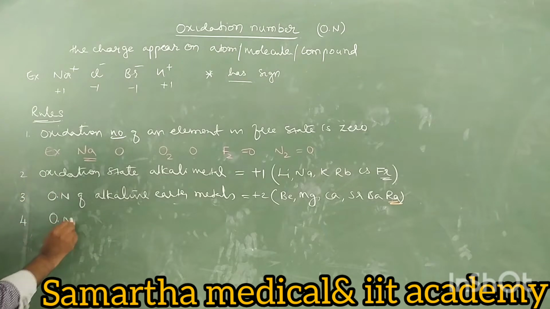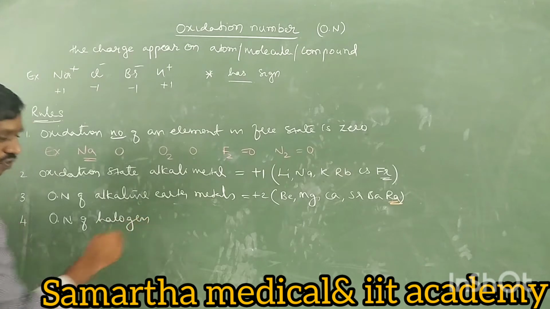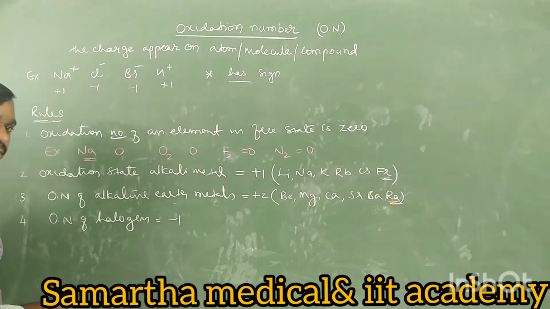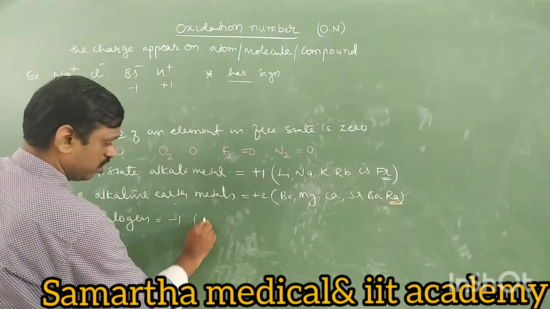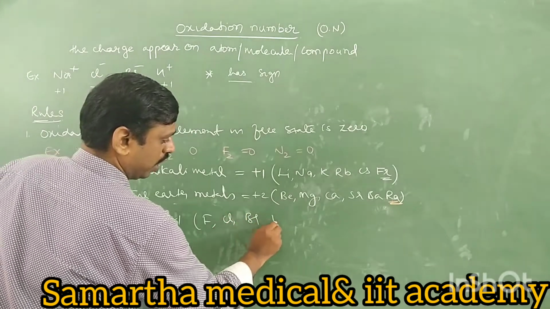Oxidation number of halogens. Halogens like fluorine, chlorine, bromine, iodine. So halogen is generally minus 1. So what are the halogens? Fluorine, chlorine, bromine, iodine.